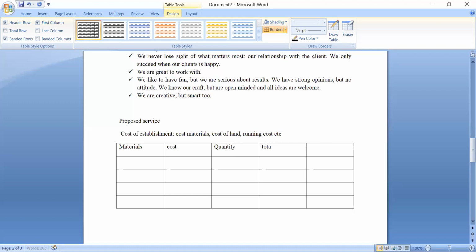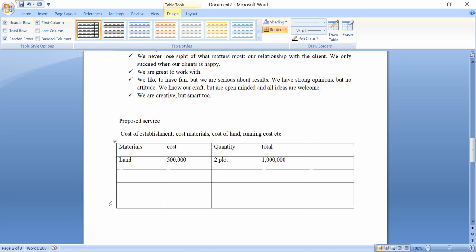So let's say land. Cost of a land, depending on the area, let's assume 500,000. Quantity, maybe 2 plots. So we assume a plot is 500,000. That total is 1 million naira.